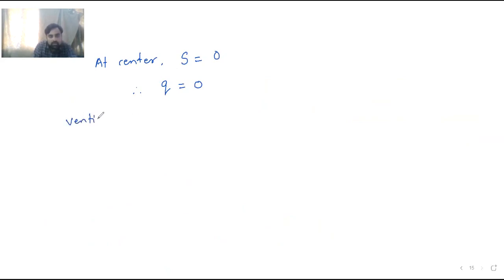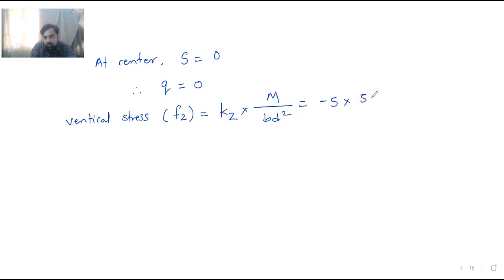Now the vertical stress, that is Fz, which is equal to Kz into M upon BD square. So Kz is minus 5 into M. M is 50 into 10 raised to 6, divided by BD square, which is 400 into 800 square.